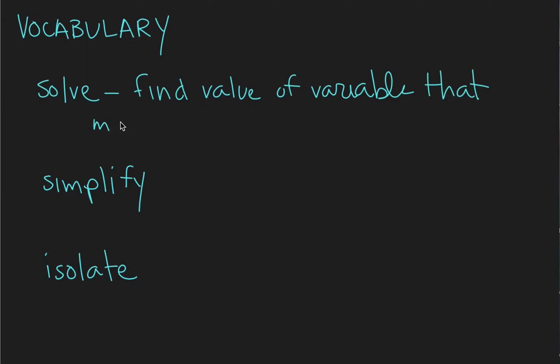In this case, we're looking for the values of the variable that make the inequalities true. That means that what we're going to do is isolate the variable. When we isolate the variable, that just means that we're going to get it by itself.